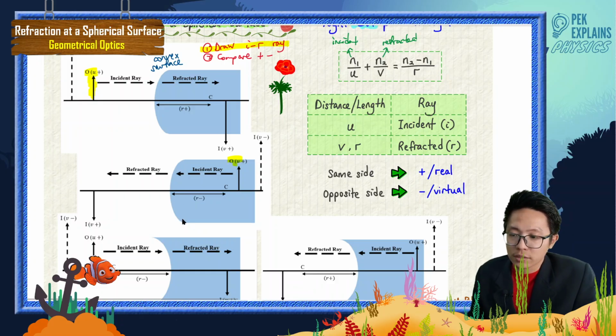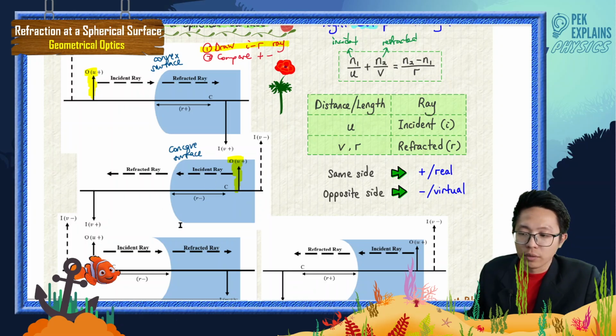It depends on where the object is. The object is over here, so this one is a concave surface, because it curves away from the object. It looks thin, curving away.